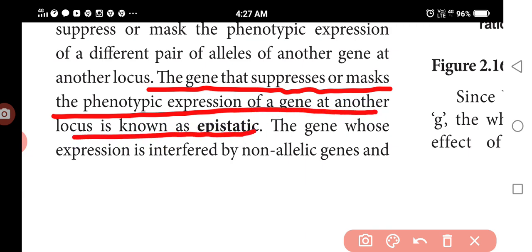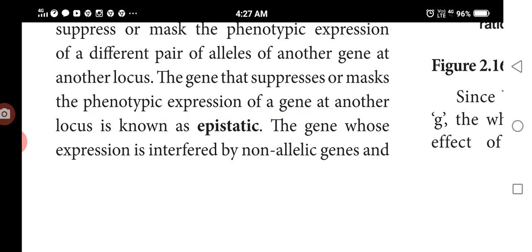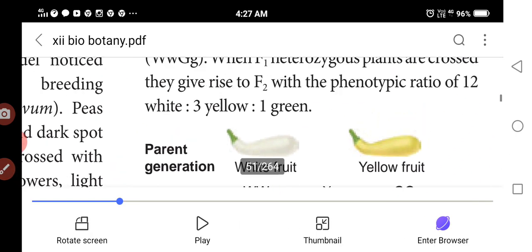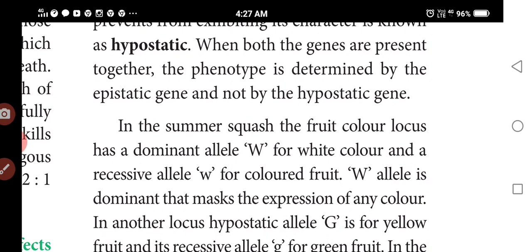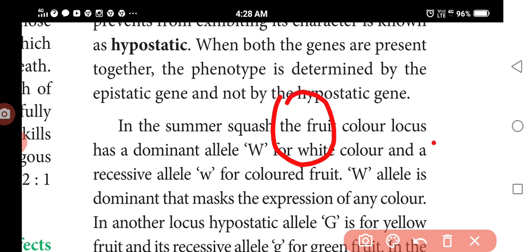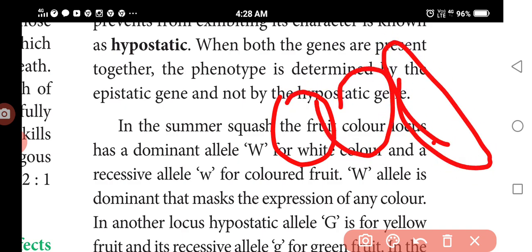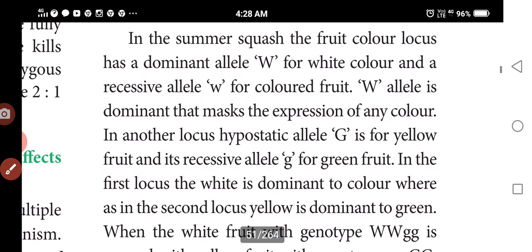The gene whose expression is affected by the non-allelic gene is called hypostatic. When both genes are present in the same individual, the phenotype is determined by the epistatic gene, not by the hypostatic gene.